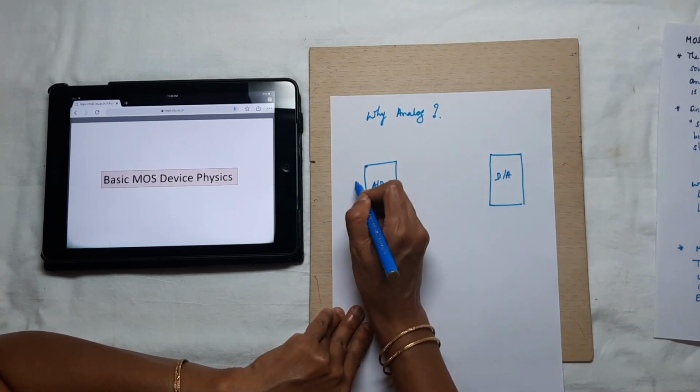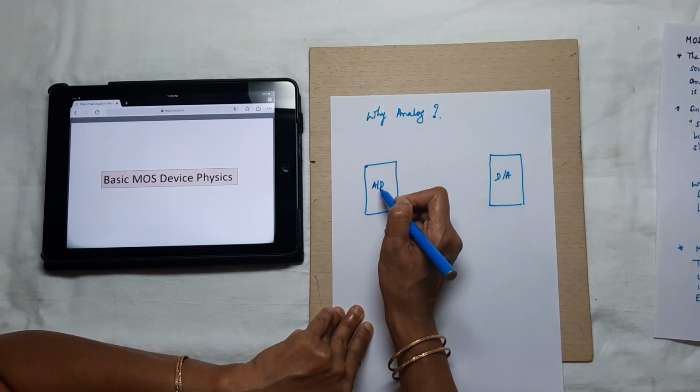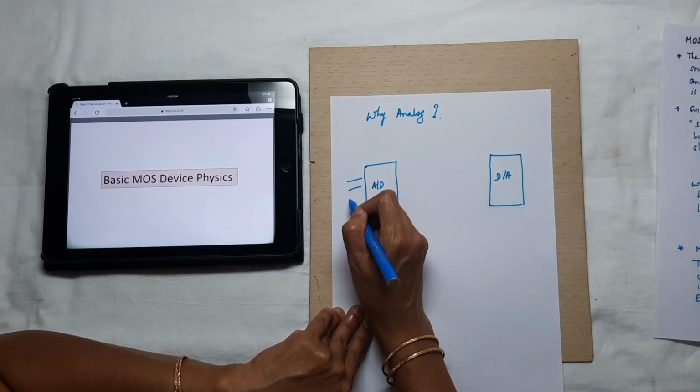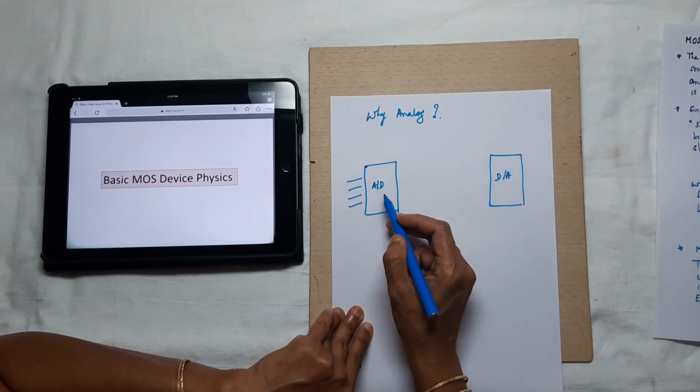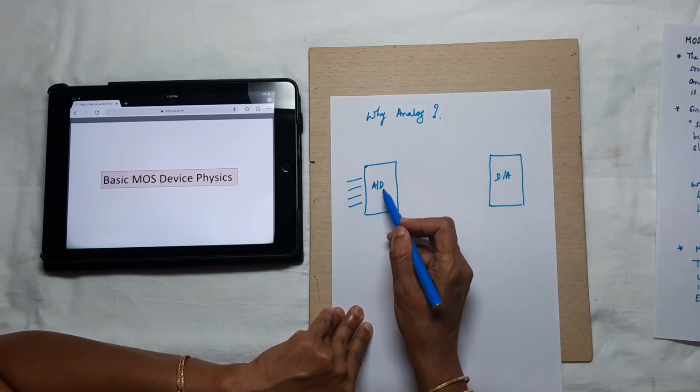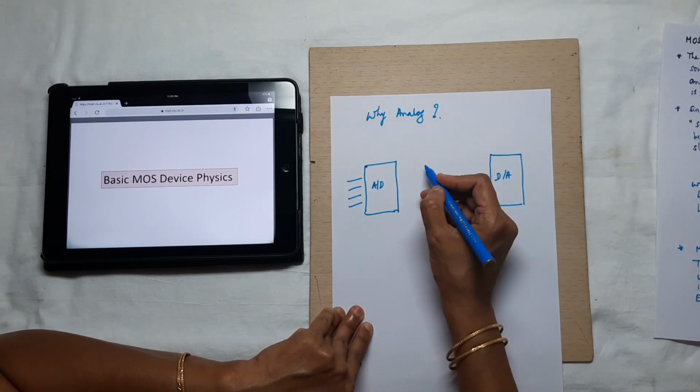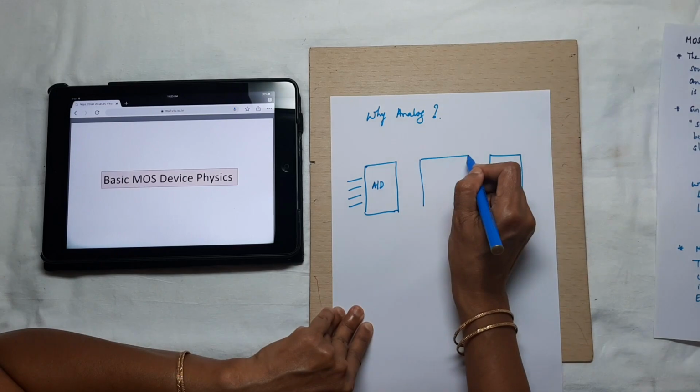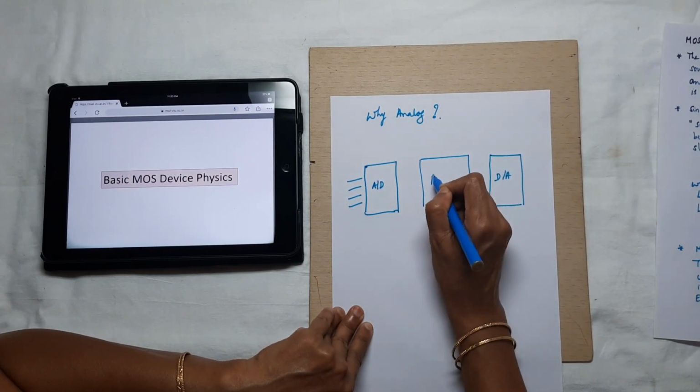The outside world is in analog form. That analog signal, through the sensors, is given to the analog to digital converter. It converts it to a digital signal, and all the processing is done in a processor.